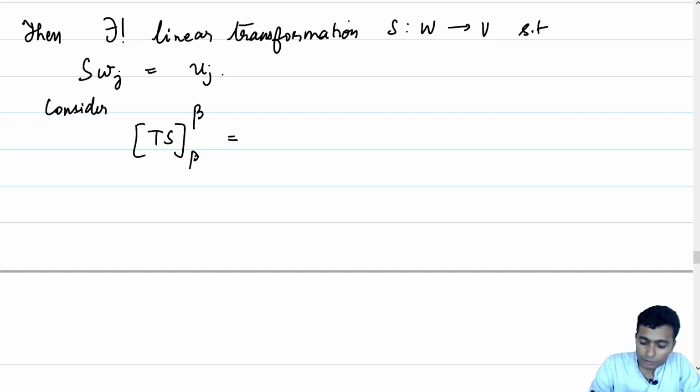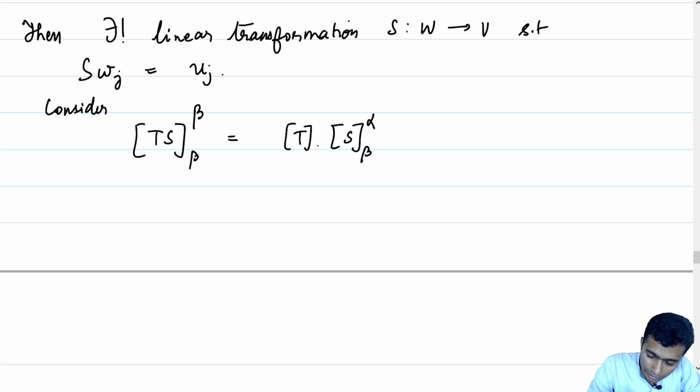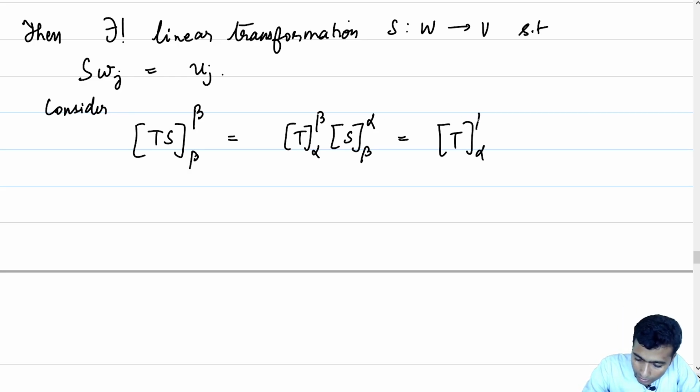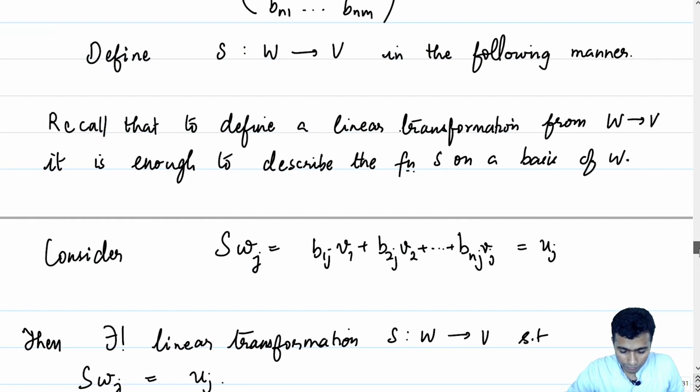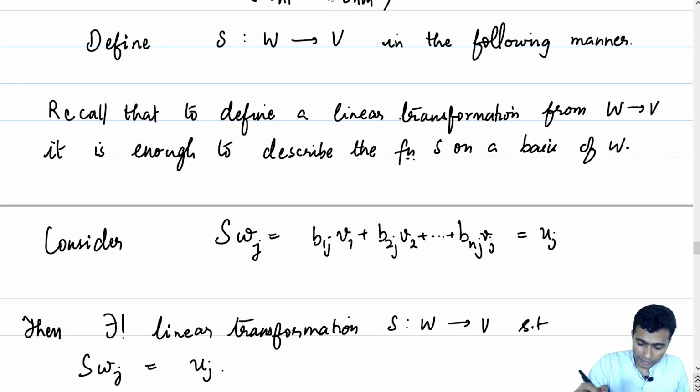And we know that this is the composition of two linear transformations. So this will be S beta alpha to the right and T alpha beta. And we know that this is equal to T alpha beta times B, which you should go back and check by the very definition of our S here.